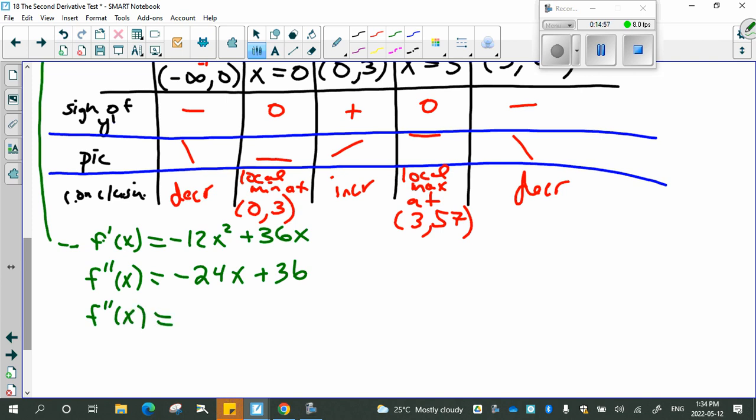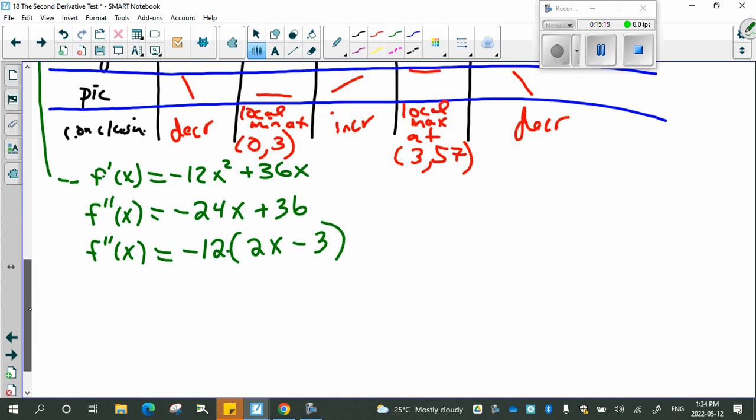So what's common between negative 24x and 36? 12. So if I divide negative 24x by negative 12, I get 2x. And if I divide 36 by negative 12, negative 3.